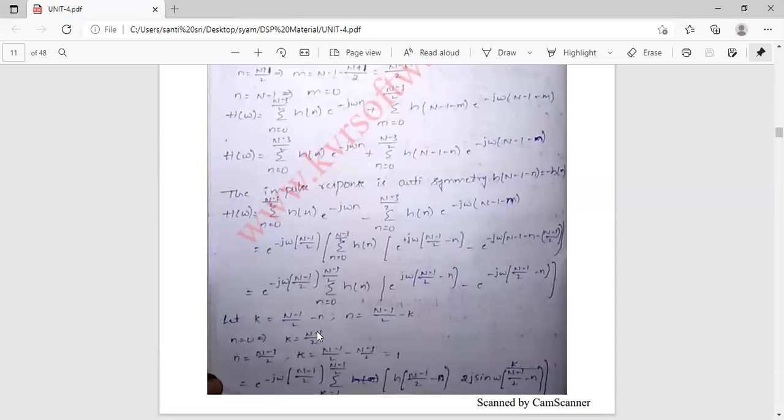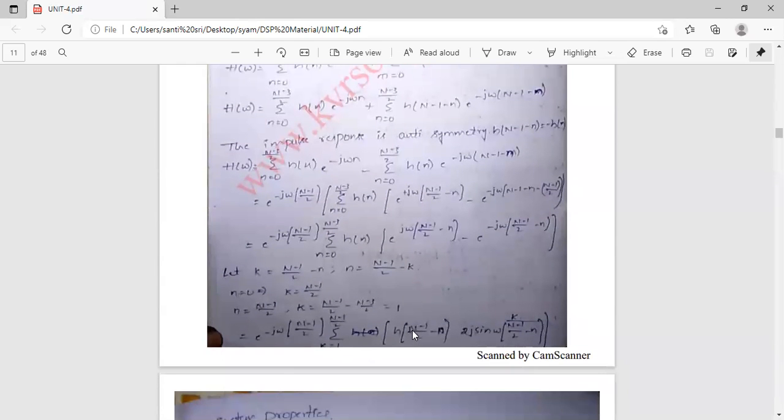Then let k equal to (N-1)/2 minus n, then n equal to (N-1)/2 minus k. If n is 0, then the k value will become (N-1)/2. If n is (N-3)/2, then the k value will become 1.